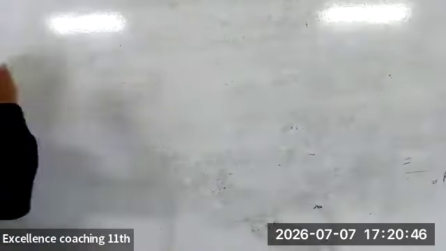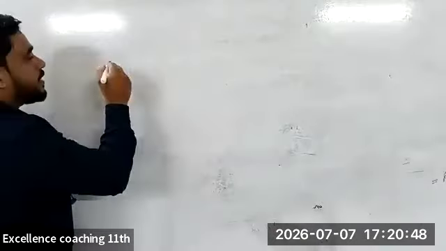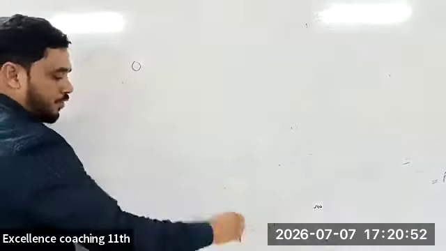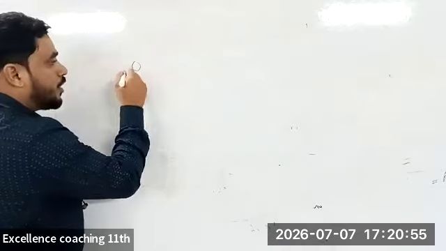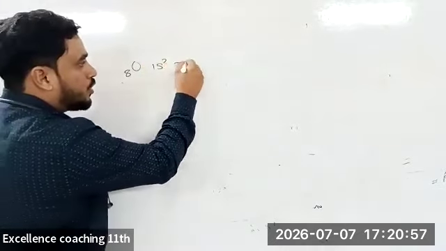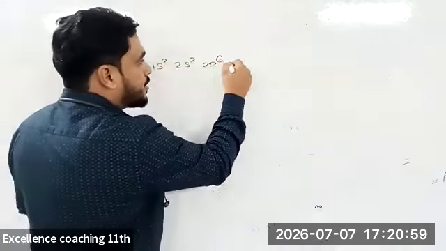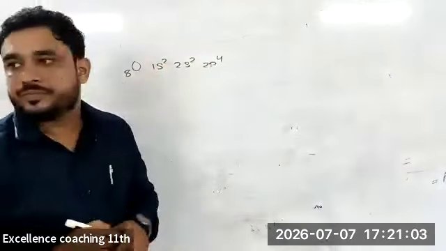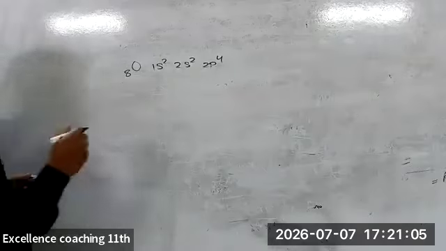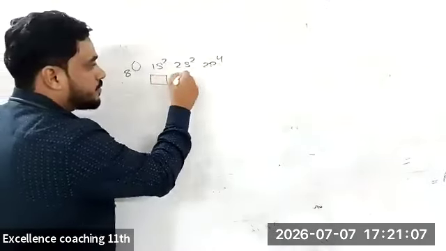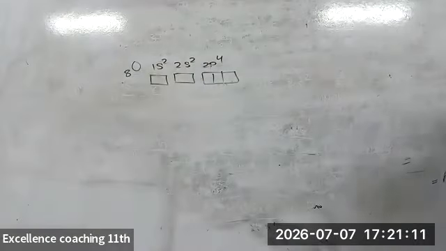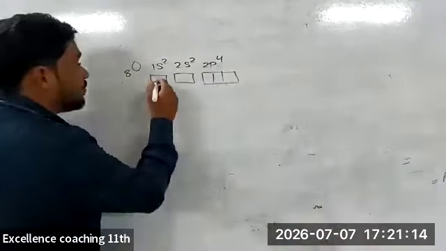Focus here. There are some examples, students. I will give you oxygen. What is the electronic configuration of oxygen? Atomic number is 8. 1s2, 2s2, 2p4. Correct? I will draw this orbital now. Focus here.